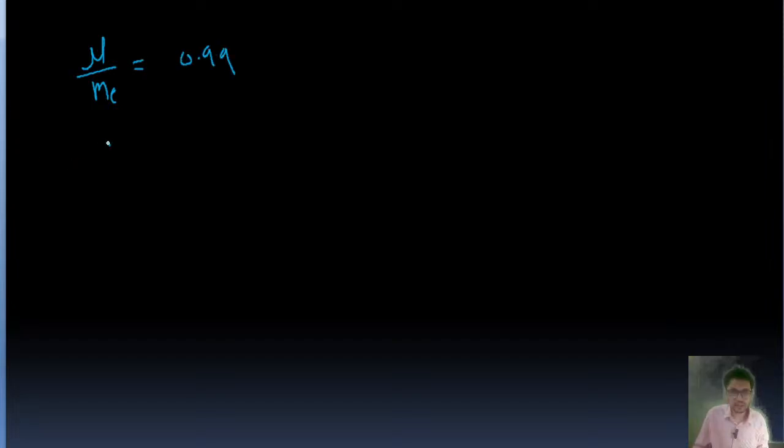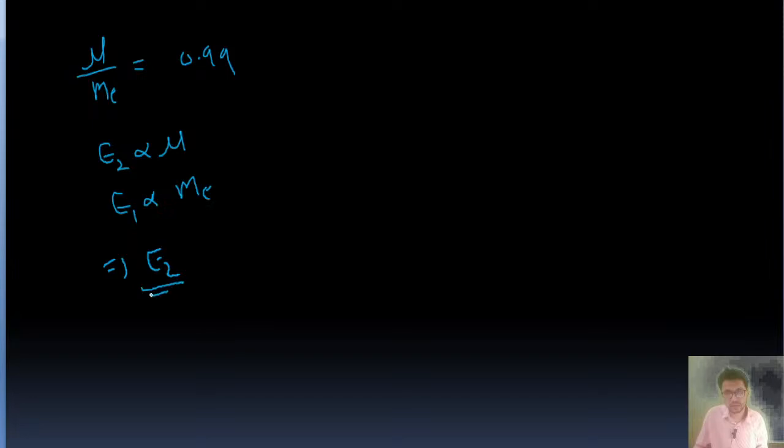So again E2 is proportional to mu, and E1 for ground state hydrogen atom is proportional to me for infinite nuclear mass, right? So this implies E2 upon E1 is going to be mu upon me, and this value is 0.99.